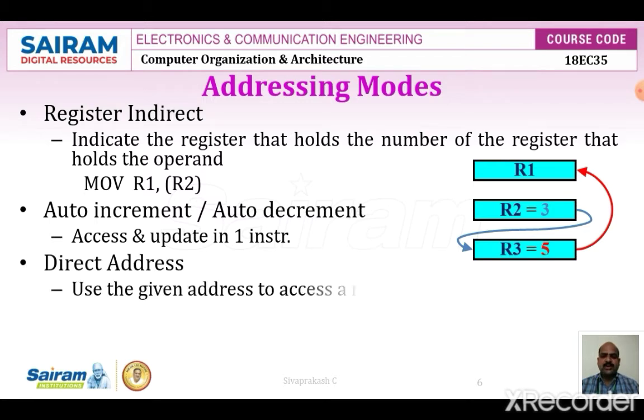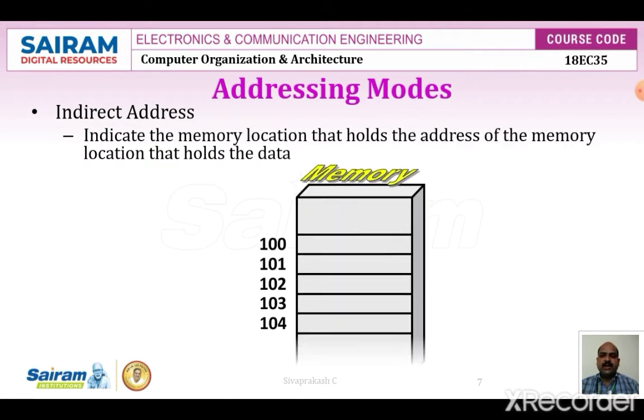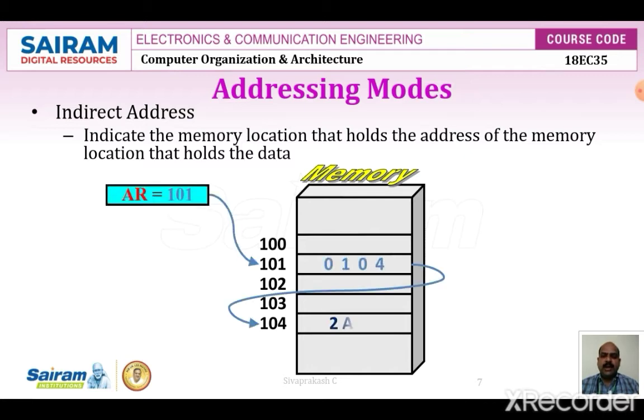Coming to direct addressing, use the given address to access a memory location. So directly taking the data from memory is called direct addressing. Indirect addressing indicates the memory location that holds the address of the memory location that holds the data. For example, AR is 101, which specifies some address.